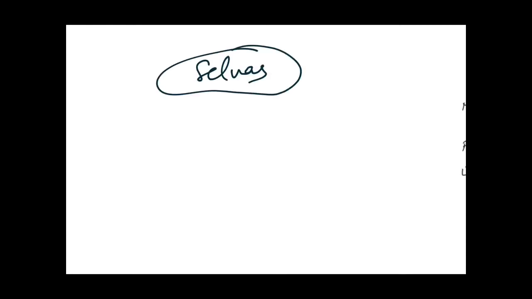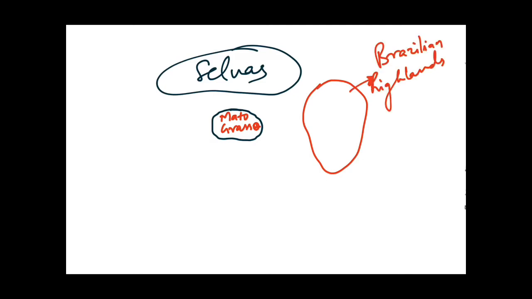So guys, as I told you, these are the selvas. In my previous video I told you about these, and to the south of it lies the Mato Grosso Plateau. And to the east of the selvas lie the Brazilian Highlands. The Paraná River originates from somewhere here, from the north of the Brazilian Highlands.